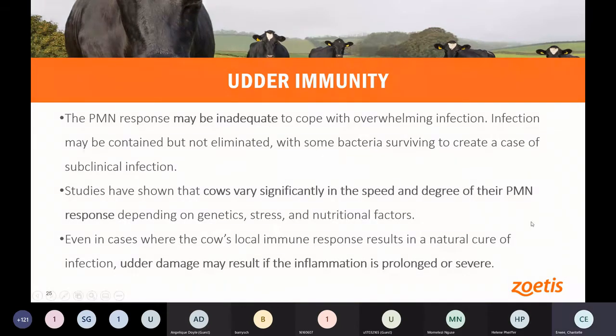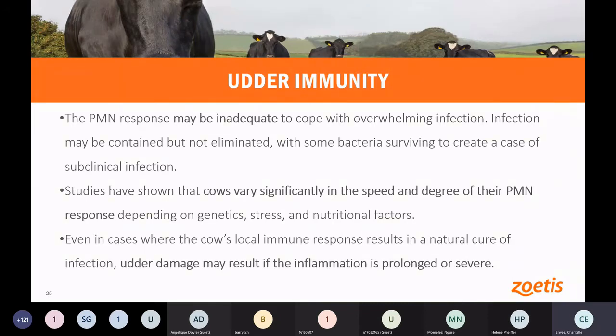Let's say it's an overwhelming infection: that increase in neutrophils can maybe just contain the infection but might not be able to eliminate it.